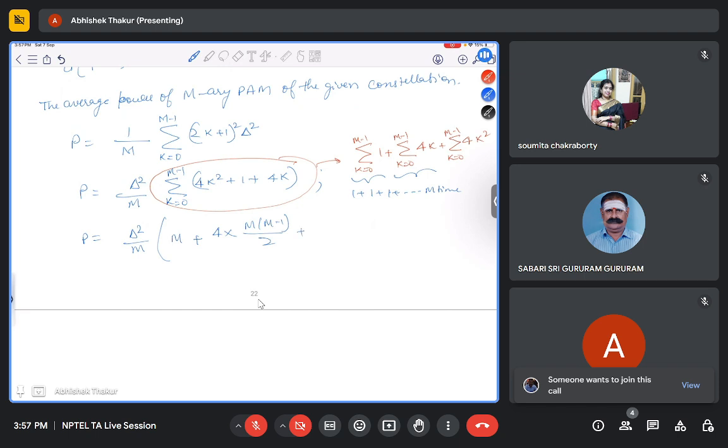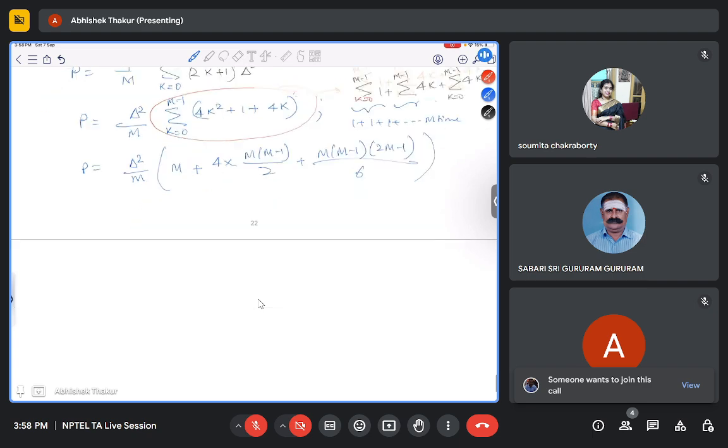Similarly, the summation of k squared, for numbers starting from 0 to M minus 1, will be M into M minus 1 into 2M minus 1 by 6. So these are the basic summation formulas.